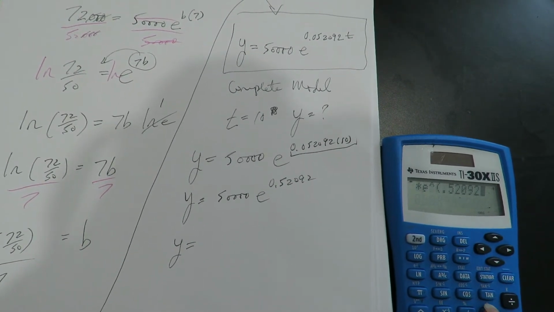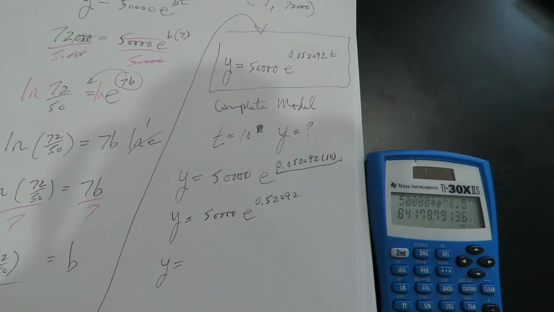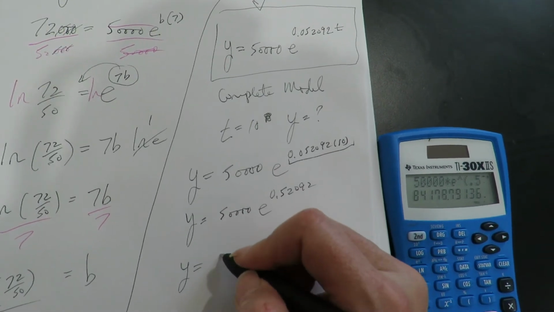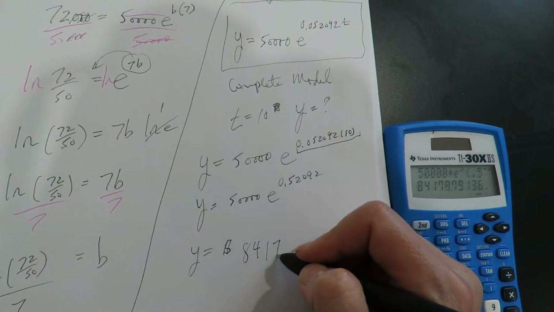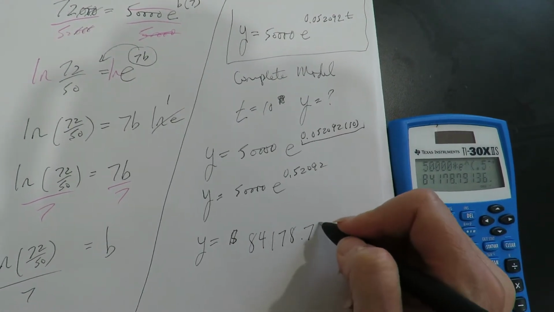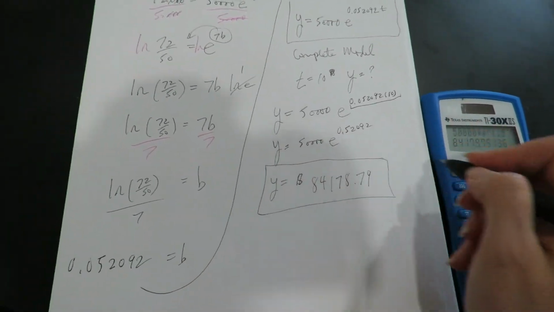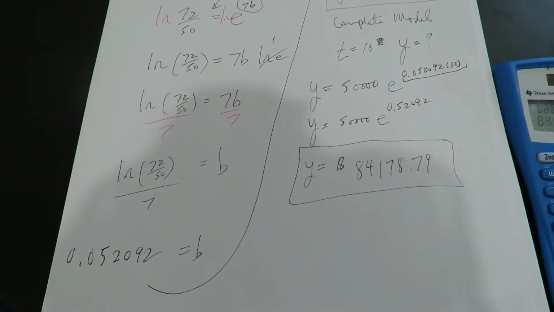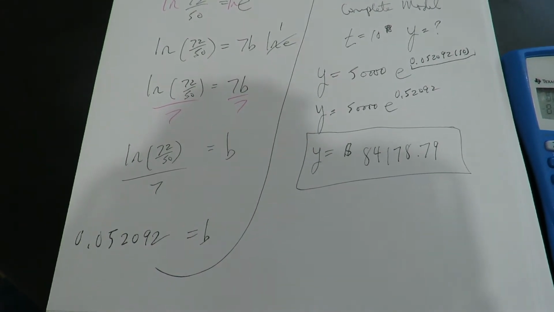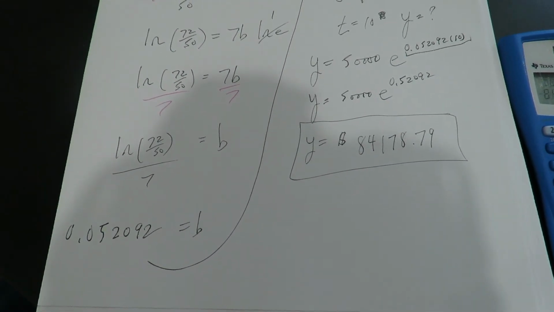I'm going to get you in the habit of closing those parentheses. Ooh, nice. 84,178.79. Ooh, that's a nice chunk of change. Okay, so 10 years out from his investment of $50,000, the car is going to be worth 84,000 plus.